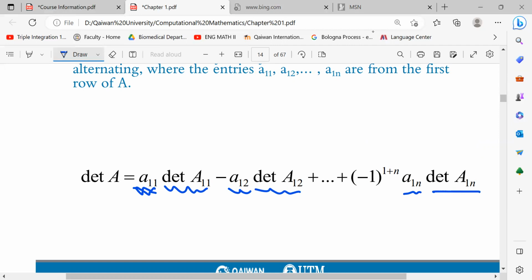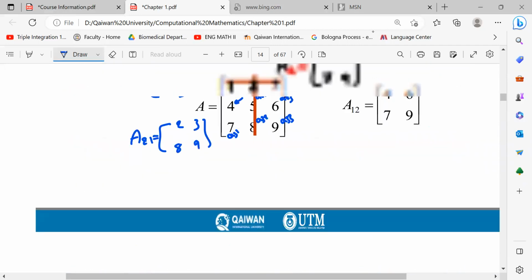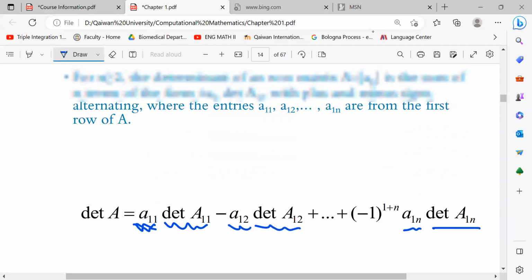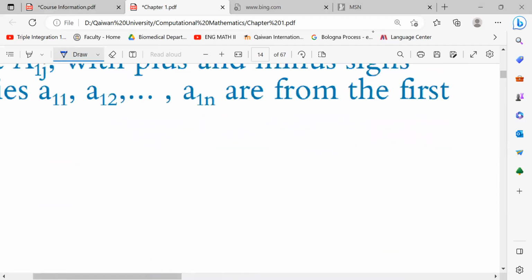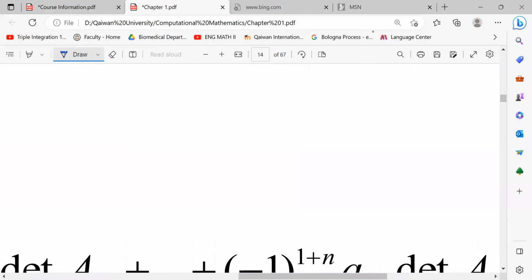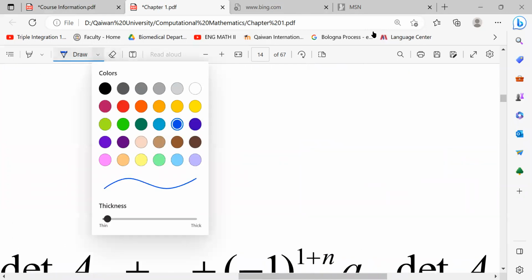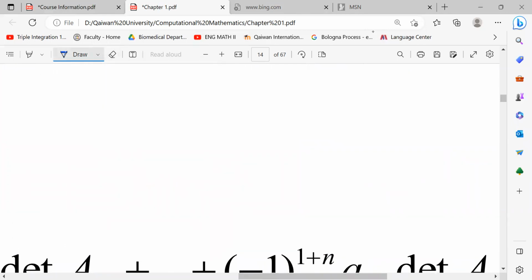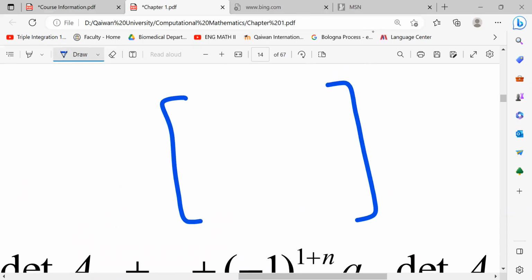What we do here, let me write down a 3 by 3 matrix and apply this rule. If we have a 3 by 3 matrix, let's say 1, 3, 2, 2, 1, negative 1, 0, 2, 1.